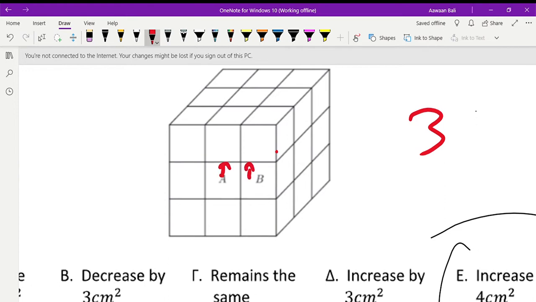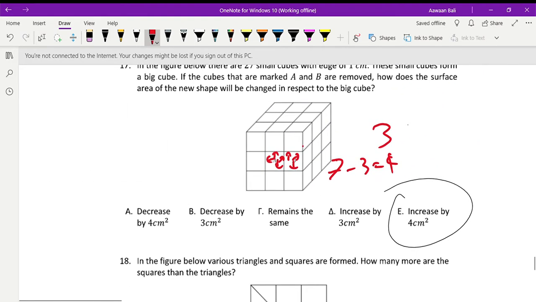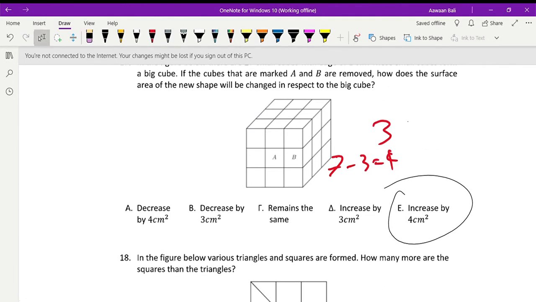There'll be one side here, 2 down, and 2 up. So 1, 2, 3, 4, 5, 6, 7. There are 7 sides. So then we just do 7 minus 3, which is 4. That means the surface area has increased by 4 centimeters squared. So the answer is eta 4 centimeters squared.